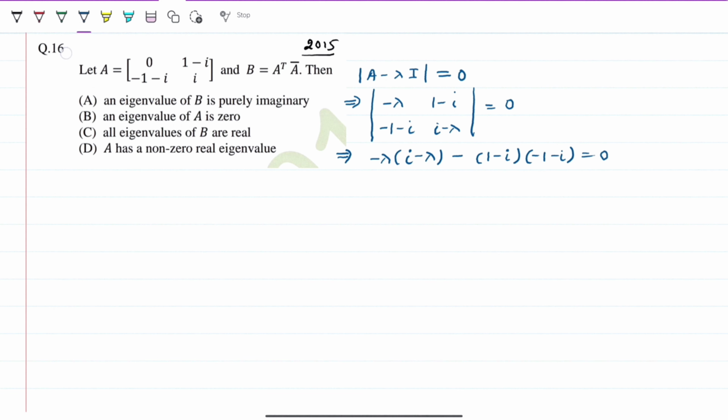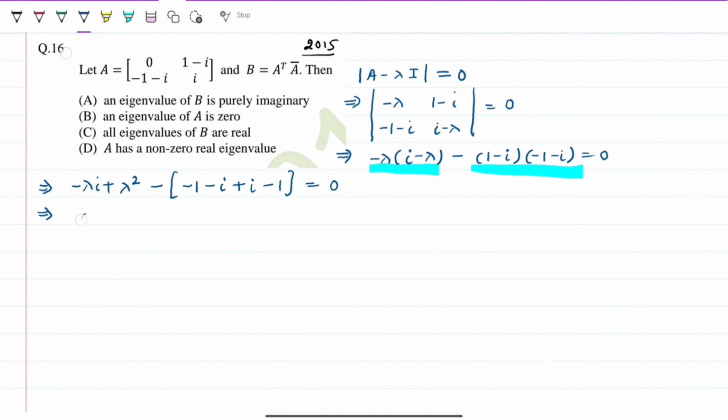to 0. Simplifying, we are going to get the first part to reduce to negative lambda I plus lambda square, and over here if we take the product of these two linear terms, we are going to get negative 1 minus I and then plus I, and negative I times negative I is going to be negative 1, equal to 0.